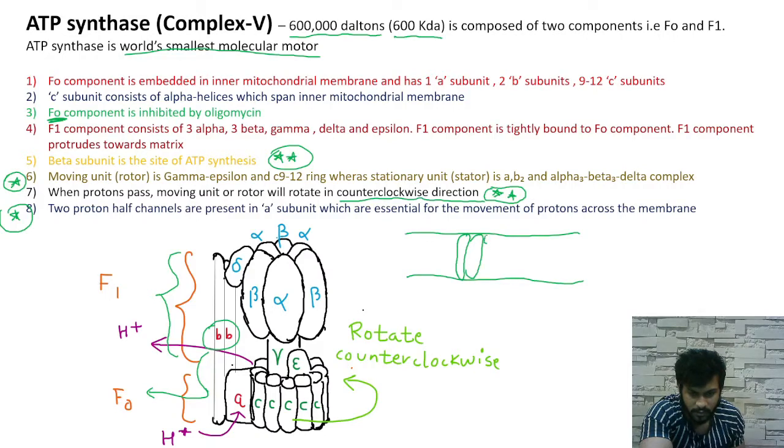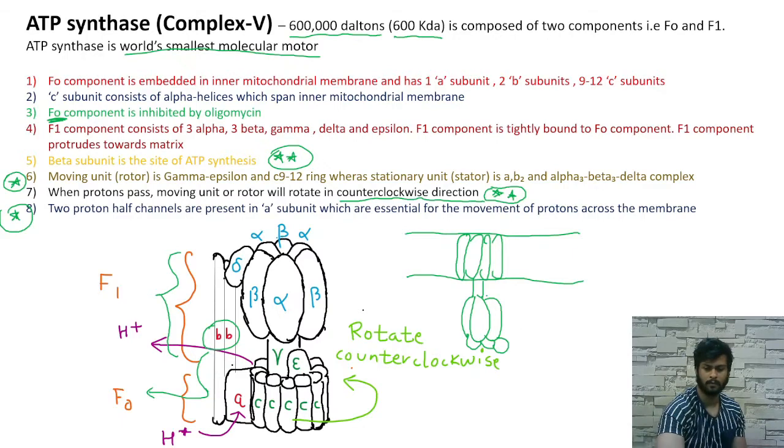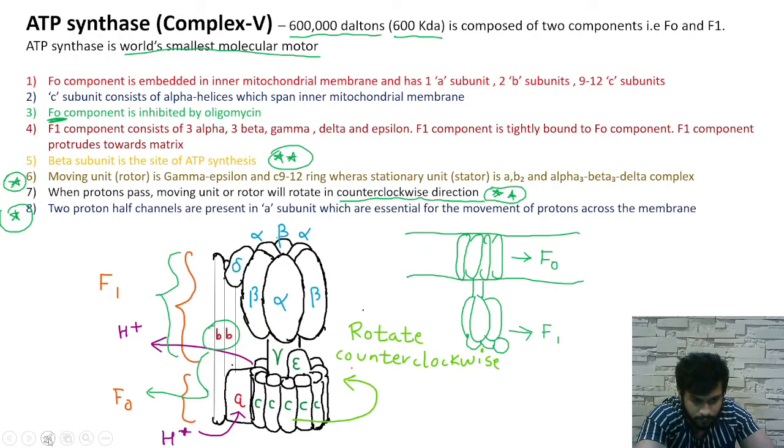I will draw it like this, and this will be F0 and this will be the F1 component, in the inner membrane.